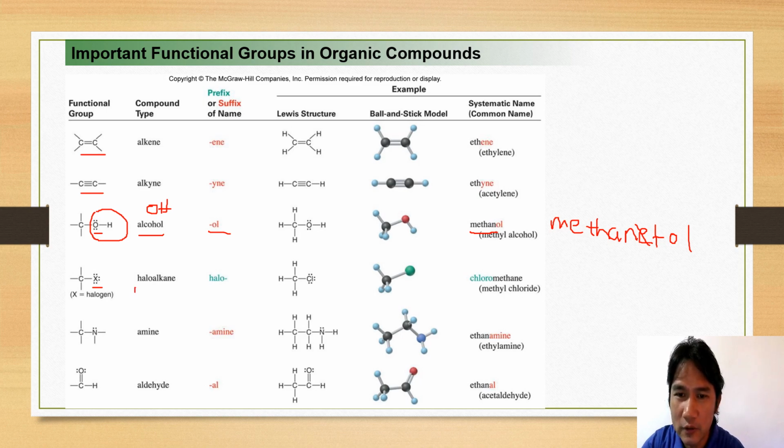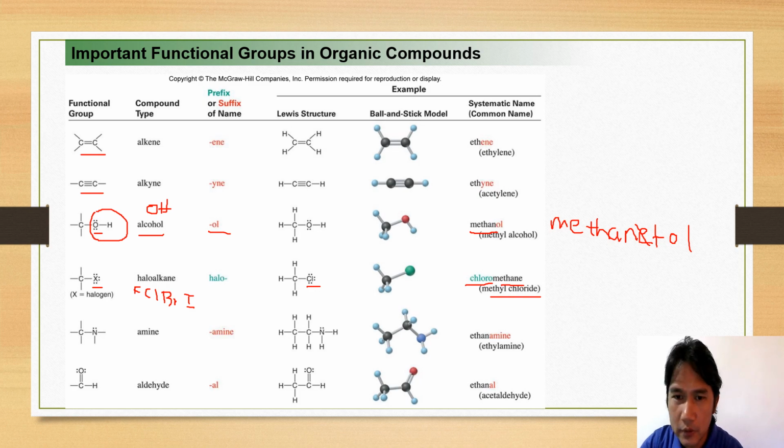The halogen may be fluorine, chlorine, bromine, or iodine. So we call them haloalkanes. For example, when a chlorine atom is connected to a single carbon, you call that chloromethane, or methyl chloride. The one in parentheses is the common name.